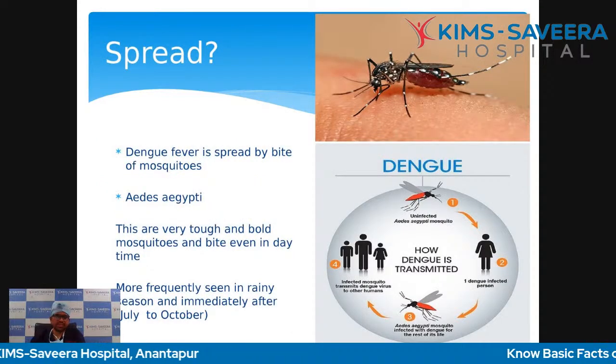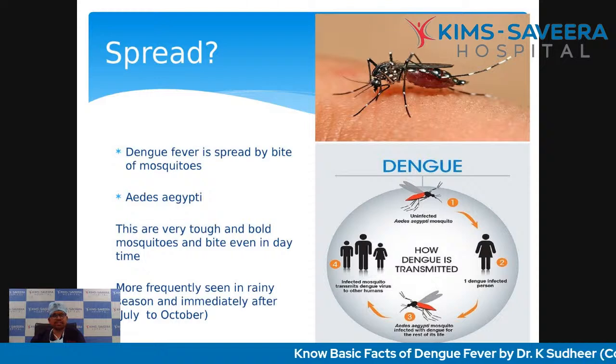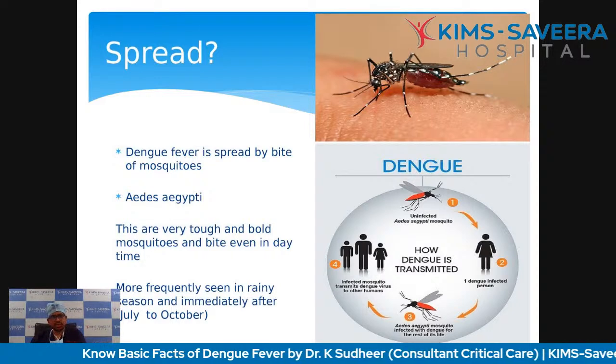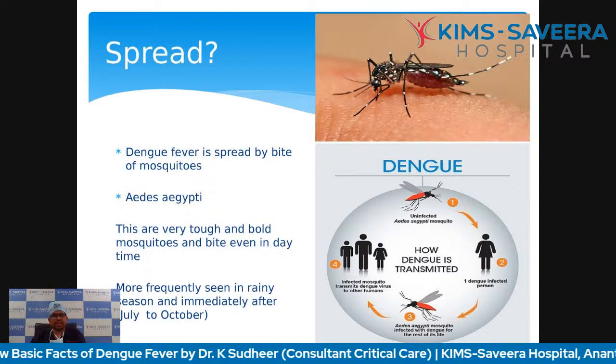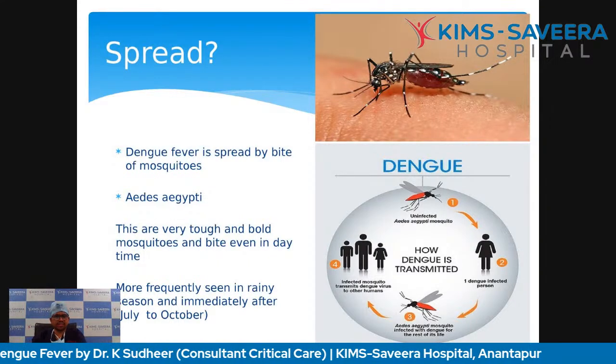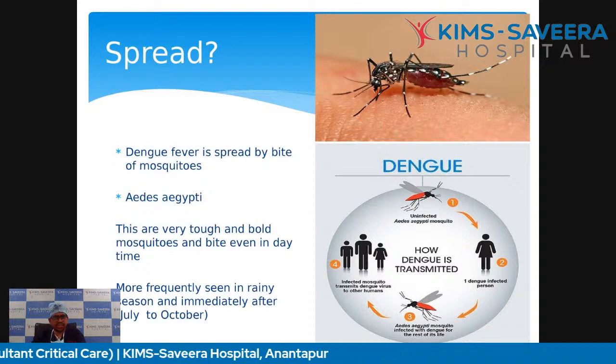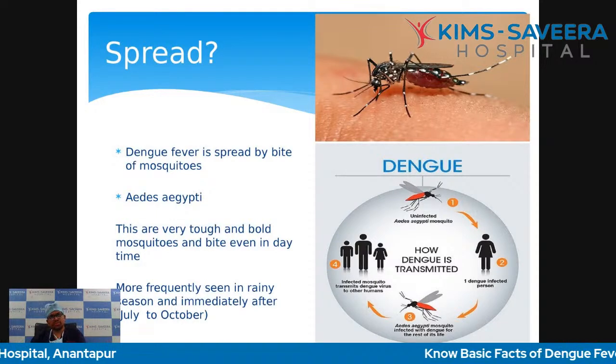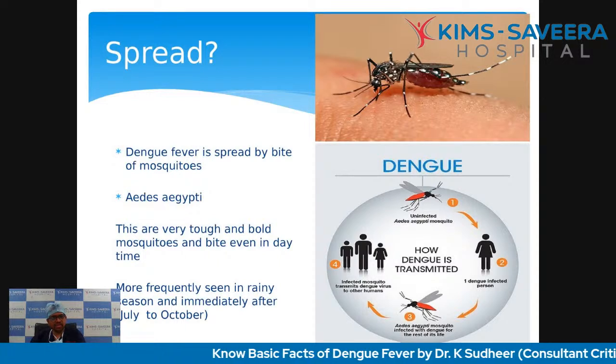And how do we get dengue fever? Dengue fever is spread by a mosquito bite, and the mosquito that carries the dengue virus is Aedes aegypti, commonly known as the tiger mosquito. You can see the white striations on this mosquito. It is a very tough and bold mosquito that bites in the daytime, in bright light also.